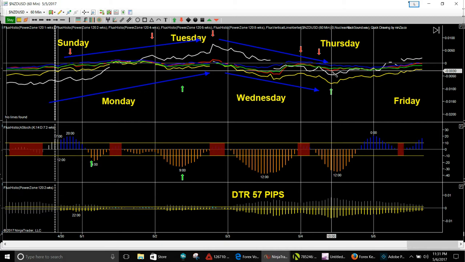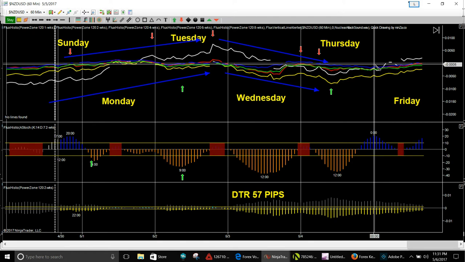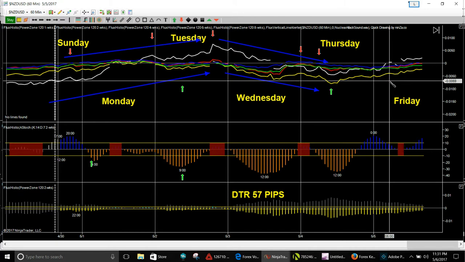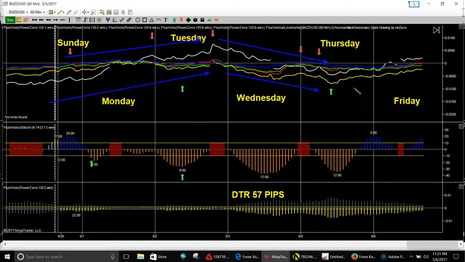And then from 10 o'clock on Thursday, looks like we're going to start retracing it back up to the north. And this doesn't look like a significant sell here. Yeah, so looks like we're going to go back up on the New Zealand dollar on Thursday.